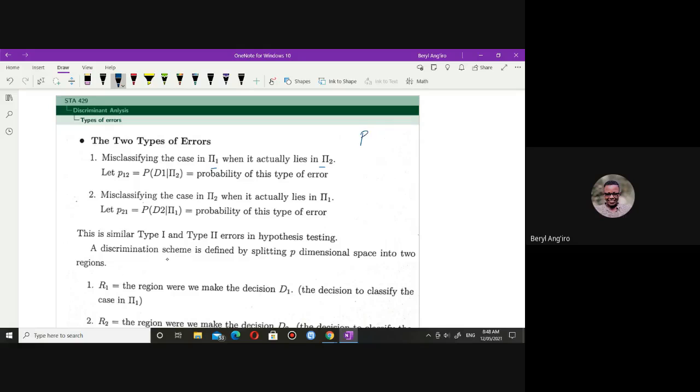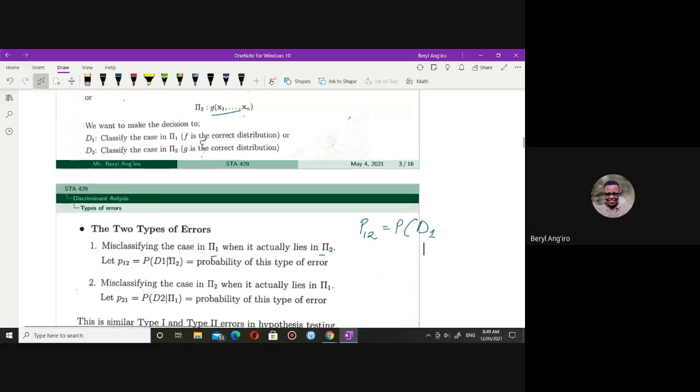So we have P(1|2): you classify it in population 1, that is, you make decision D1, given that it actually belongs to population 2. So this P(1|2) is the probability of this type of error.